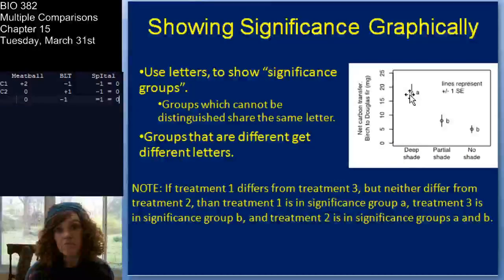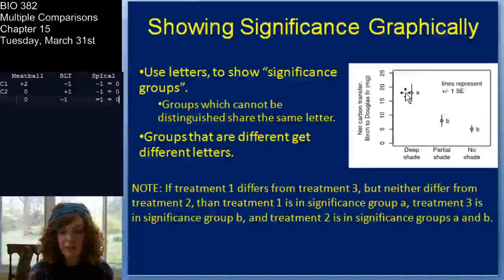Okay, pretty simple. Now, one special case that you need to be aware of is, for example, let's say maybe B was higher and the error bars were wider and there was not a significant difference. Let's say there was a difference between deep shade and no shade, but not between deep shade and partial shade, okay? And not between partial shade and no shade.